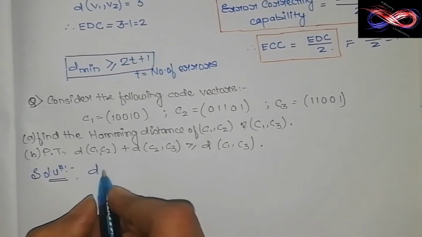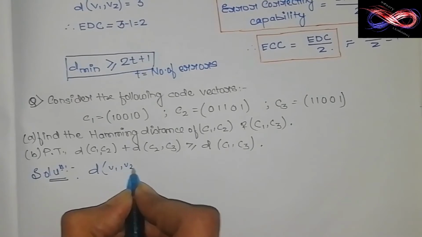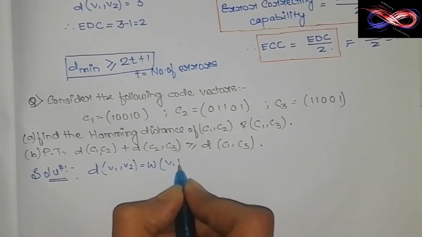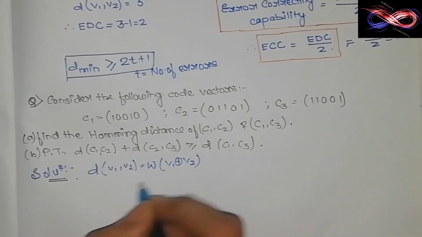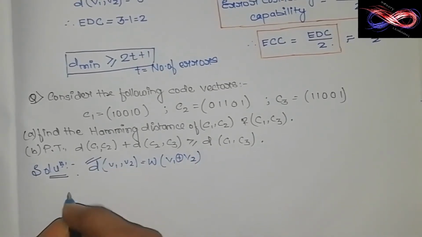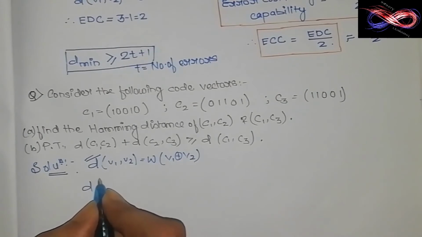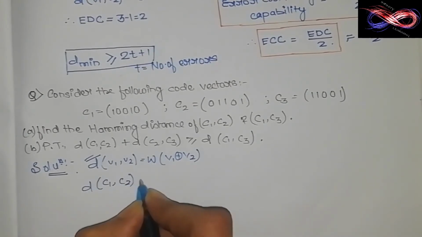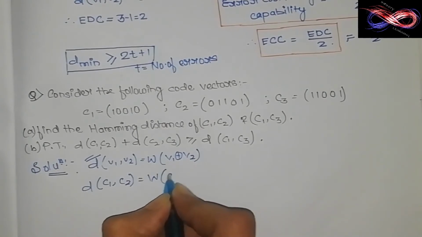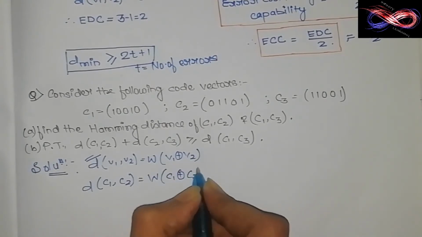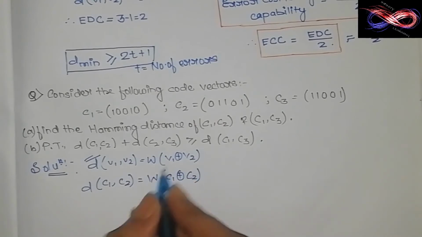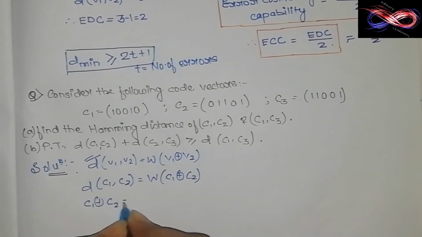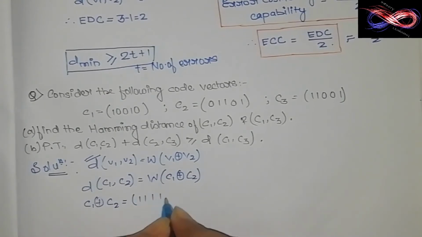we know d of v1 and v2 is basically the weight of v1 XOR v2. So we will apply this formula. So d of c1 comma c2 will be equal to weight of c1 XOR c2. Now if we perform this operation, c1 XOR c2 will be 1 1 1 1 1.